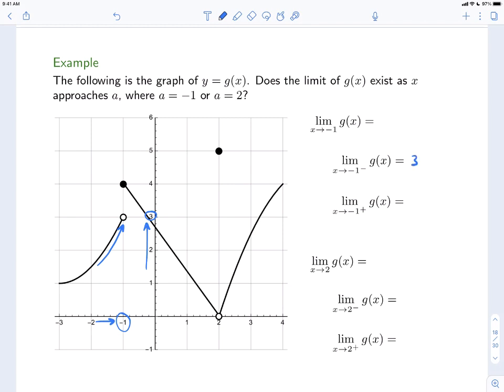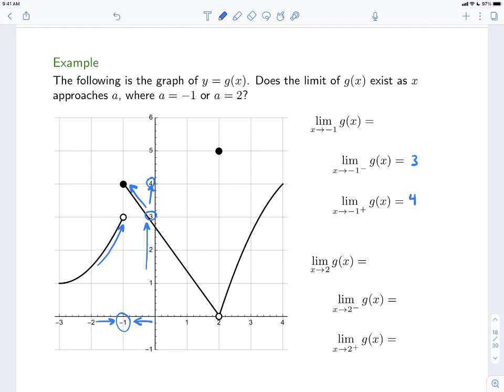Now, on the other hand, if we're approaching from the right, which is what this means, the limit as x approaches negative 1 from larger numbers, from the right, in that case, what's happening? Well, now we're looking at this graph right here. So if we're looking at this graph, we appear to be getting close to the point with coordinates negative 1, 4. So in particular, the y values are getting close to 4.